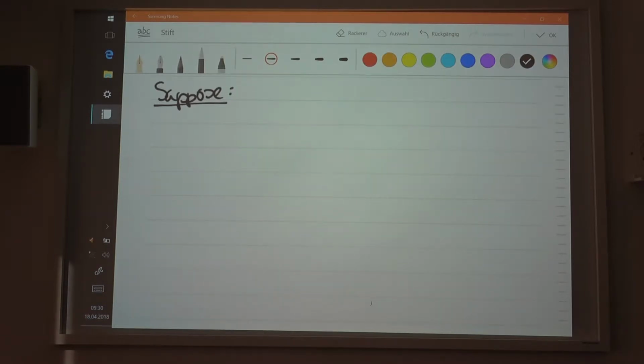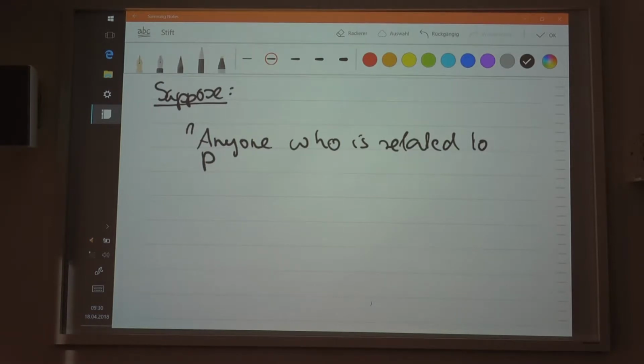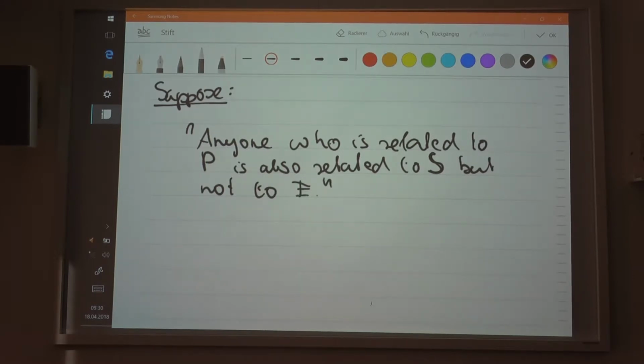So I would like you to show this. Let's suppose that the following statement is true. And this is what the example says: there is a woman called Paula, whatever, I call her just P. Anyone who is related to P is also related to Simon, capital S, but not to person capital E, Emily.